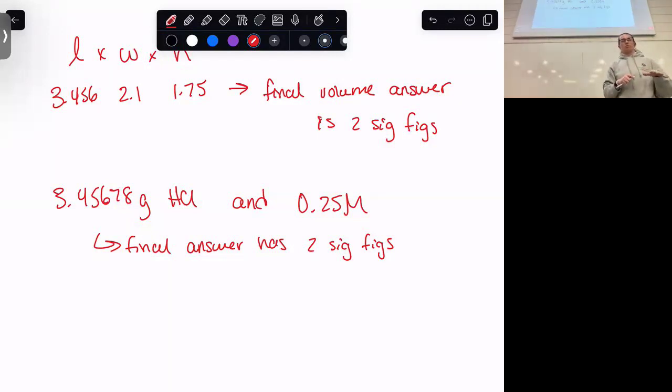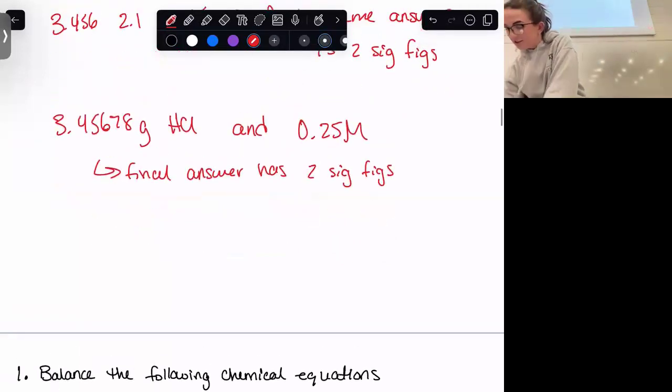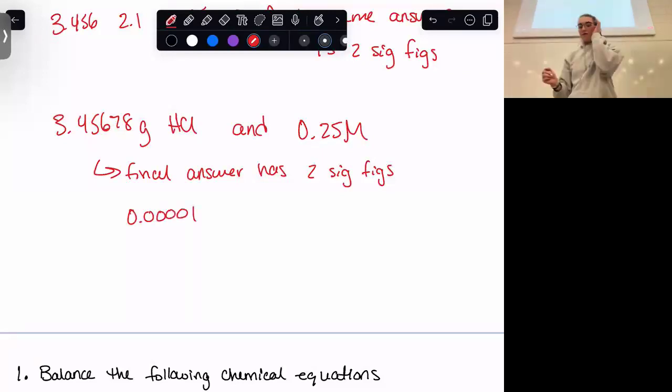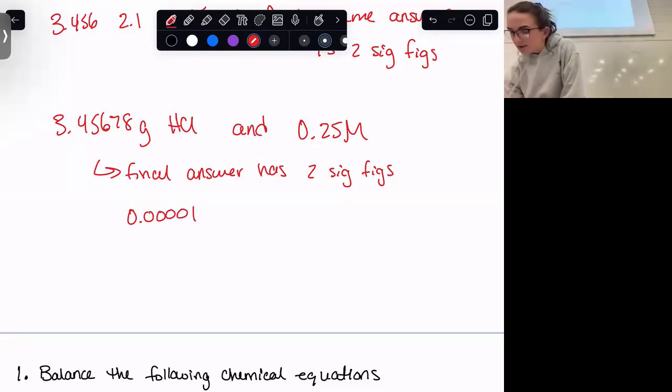Does that help? Actually, quickly remind me all the rules with the zeros, because sometimes I get confused with the counting. Yep. So if you have 0.0000 and then this one here, you only have 1 sig fig because none of these zeros count.